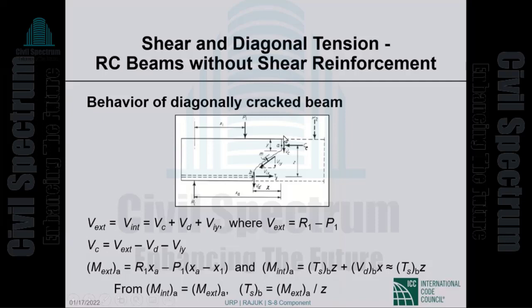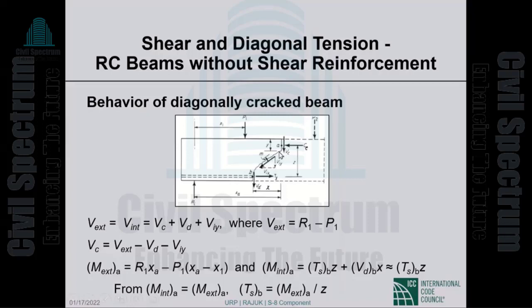Internal shear is the shear in the uncracked portion of the beam, that is V sub C, the concrete in compression. Then the shear that is resisted by dowel action of the reinforcement. I hope you understand dowel action is like kinking. And the aggregate interlock shear.